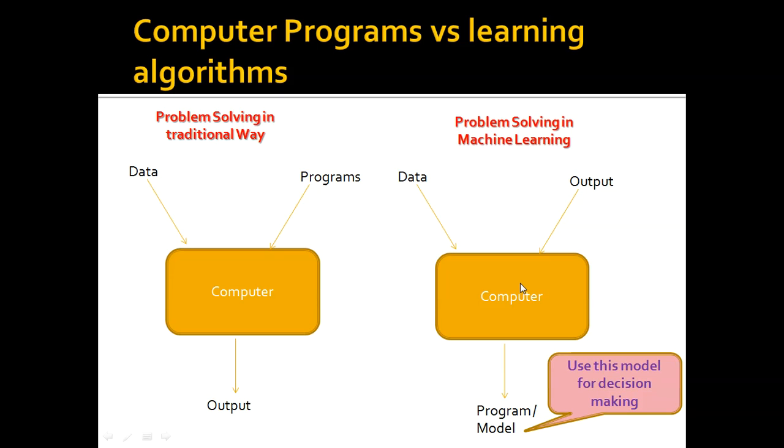Say, for example, you are going to teach a kid, a child, how to recognize different fruits. So what you do, you first show him the image of a particular fruit. You are saying this is an apple, this is a mango, this is a banana, and you are showing him the pictures also. That is, you are giving output to him also, right?